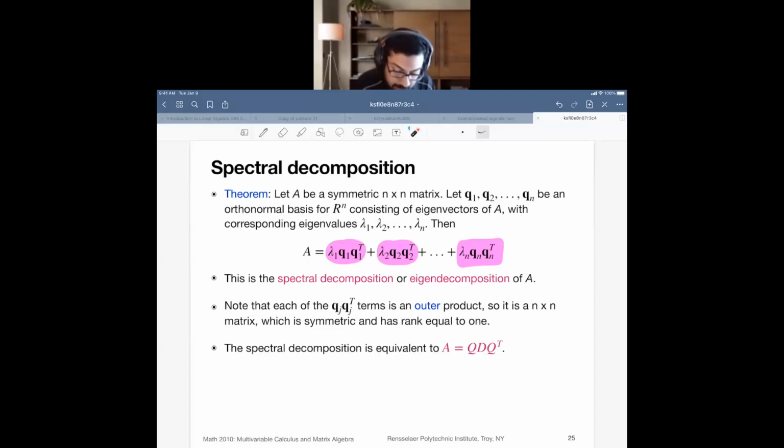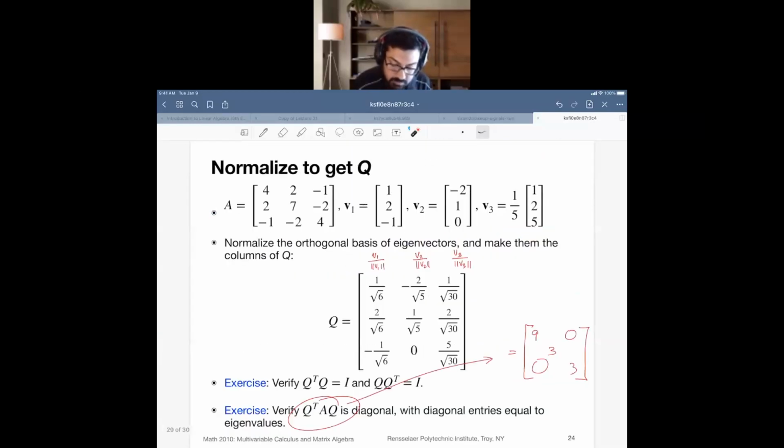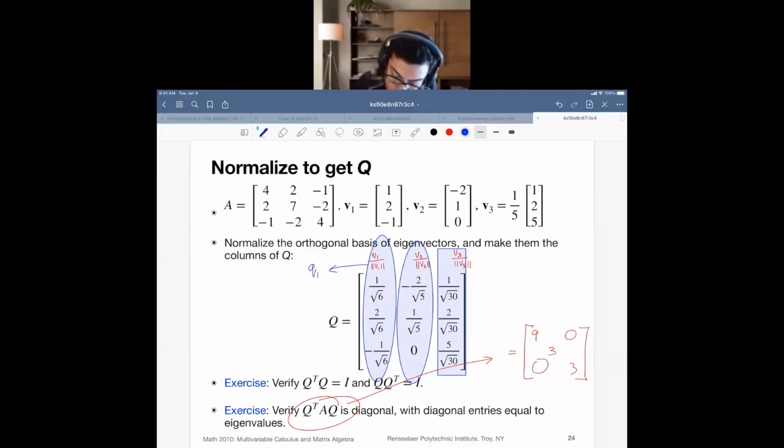In our earlier example, what that means is, if I go back, if you look at what Q1 is over here, this was my Q1, this was my Q3, and this was my Q2.